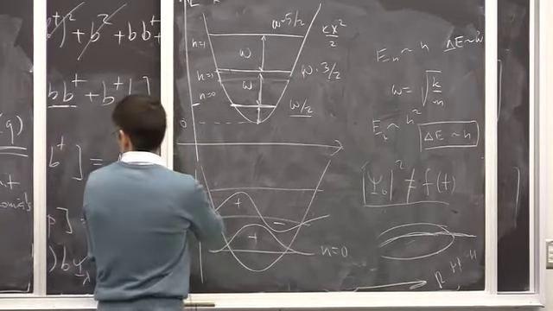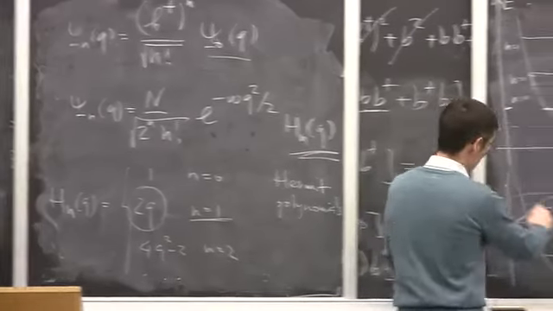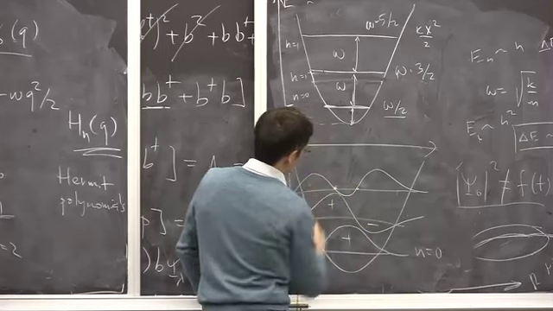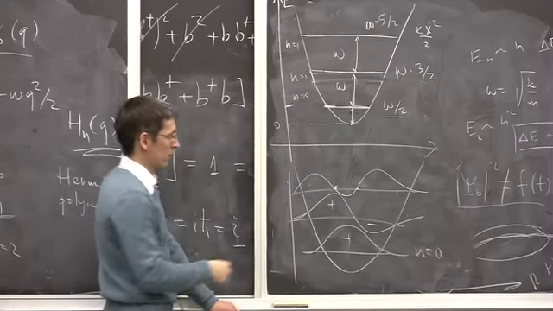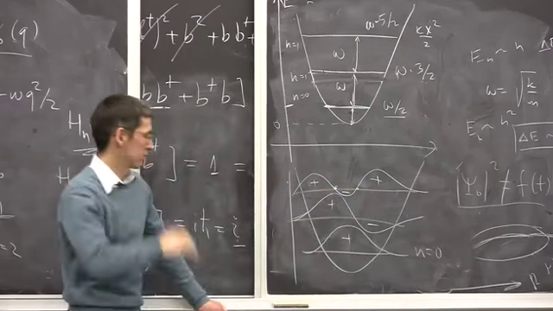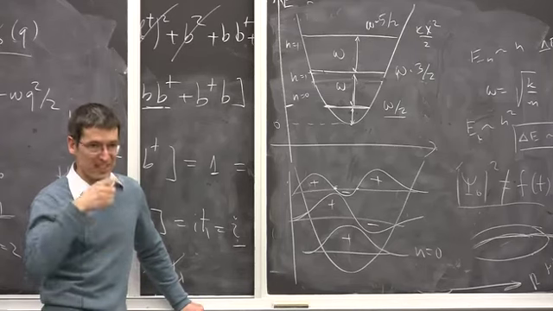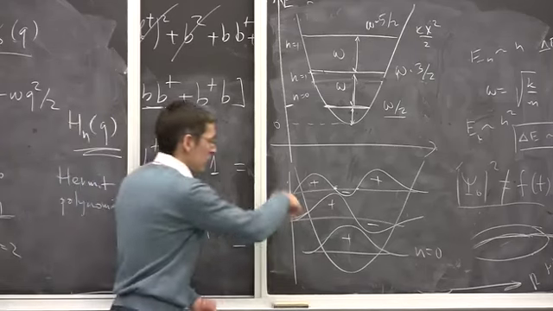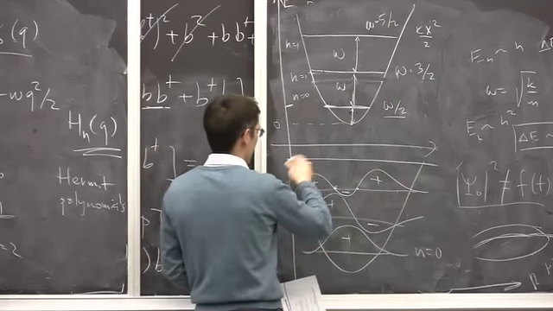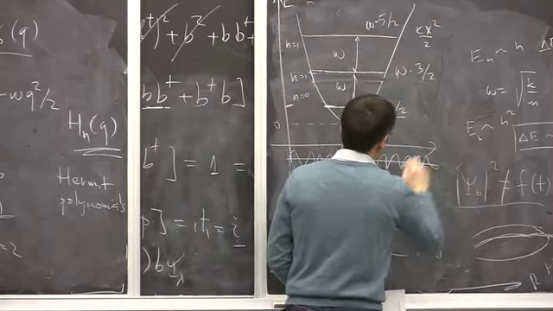And then you can see that the next term is quadratic, so it has two points where the wave function crosses the 0 line, and so on and so forth. The higher you go, in order for the kinetic energy to grow, you need to have more and more nodes, and eventually, where n is very high, it looks more like this, right?